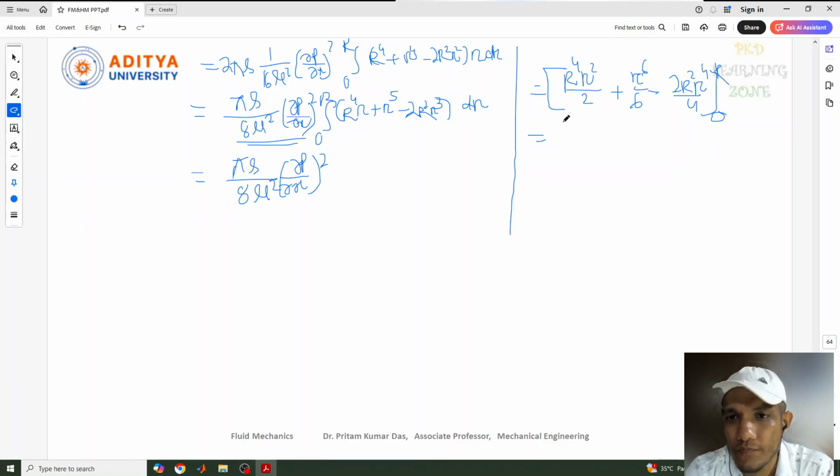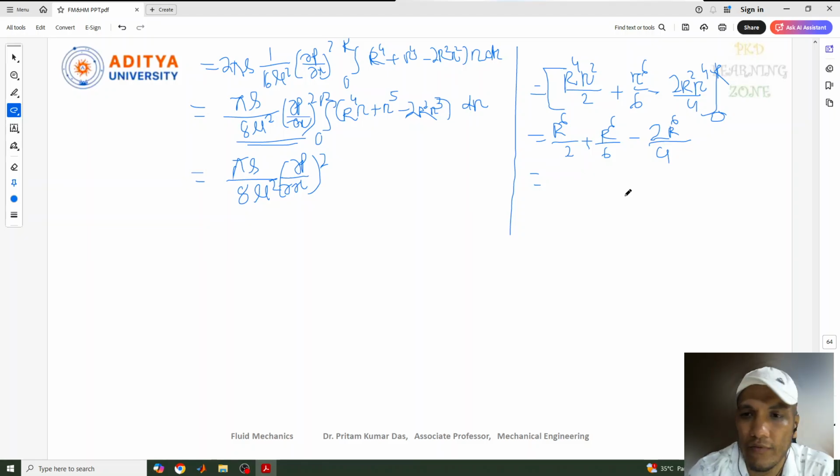Then what will we get? R to the power 4 into capital R to the power 2, that is nothing but R to the power 6 by 2. Similarly, here R is there, that is R to the power 6 by 6, minus, and the interesting thing is everywhere we are going to get R to the power 6 in the numerator, and here it is 4. Now again we need to solve this one.